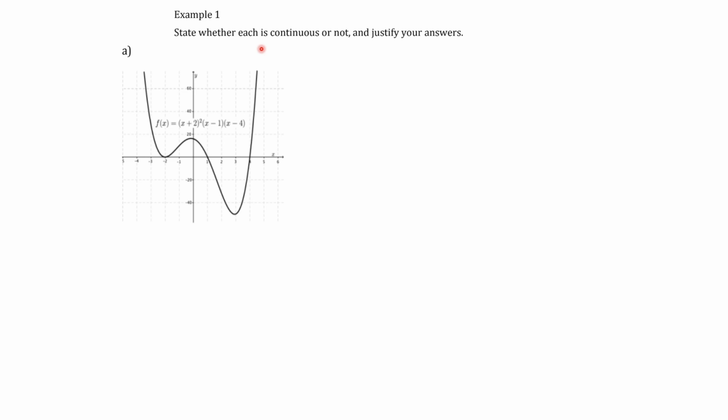I am able to trace it without ever lifting my pen or my pencil. That turned out a bit crooked, but you get the point, right? And so, yes, this function is continuous, right? We are able to trace it without lifting our pencils.